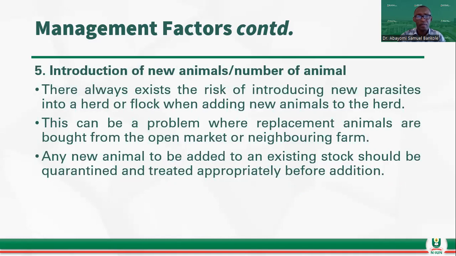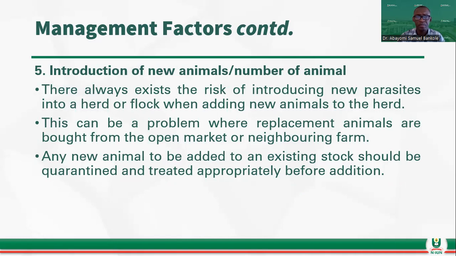Number 5 management factor is introduction of new animals or number of animals added together. Now, there's always the risk of introducing new parasites into a herd or flock when adding new animals to the herd.